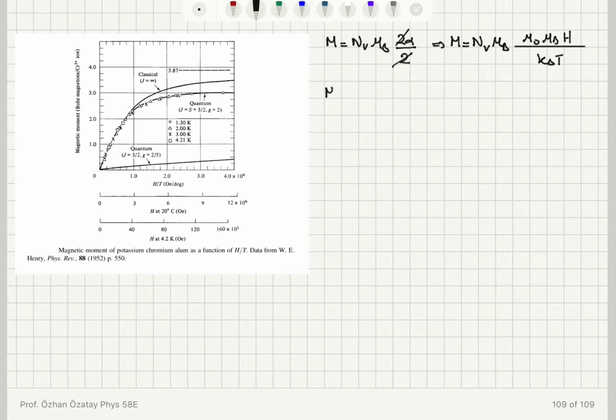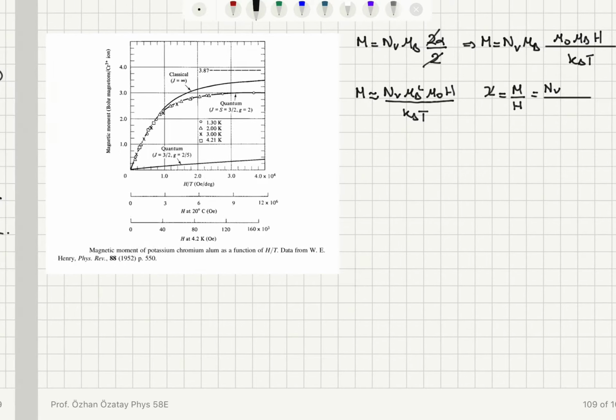So if I rewrite this, a typical value for the total magnetic moment is number density Nv mu b squared mu 0 h divided by kBt, so that the susceptibility, which is m divided by h, would become Nv.